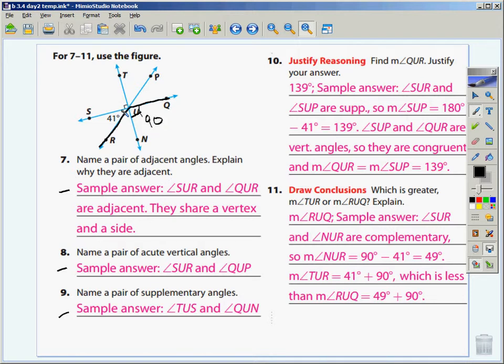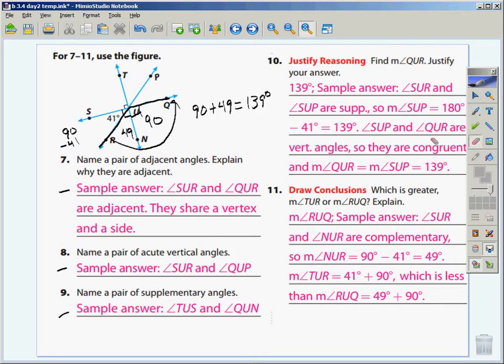If this was 90 degrees up here, this would have also been 90 degrees. So 90 minus 41 would have given me this 49. And then I could have added these two together. 90 plus 49 equals 139 degrees. Okay?